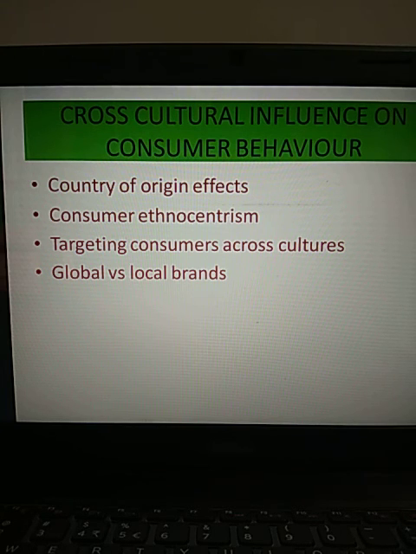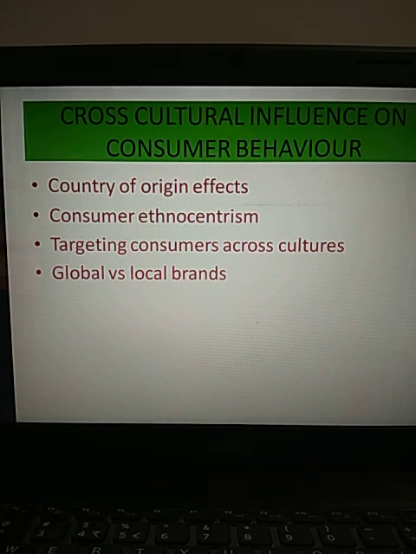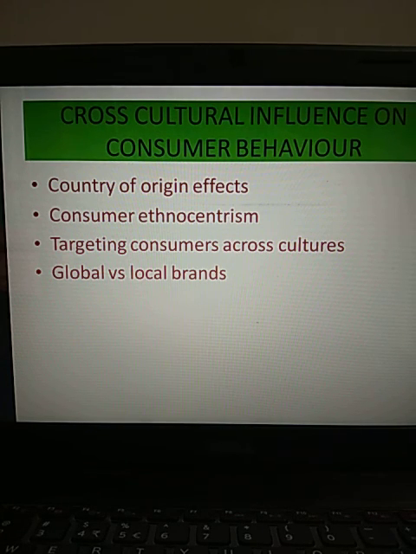The next one is consumer ethnocentrism. Ethnocentrism means people viewing their own in-group as central. This also has a huge impact on the consumer's decision making process.